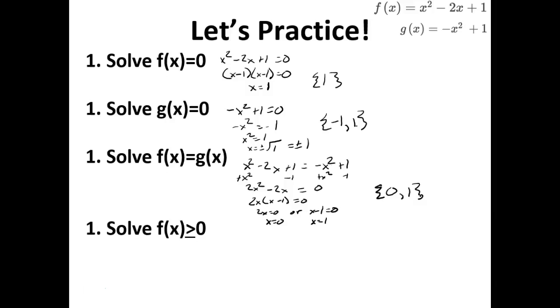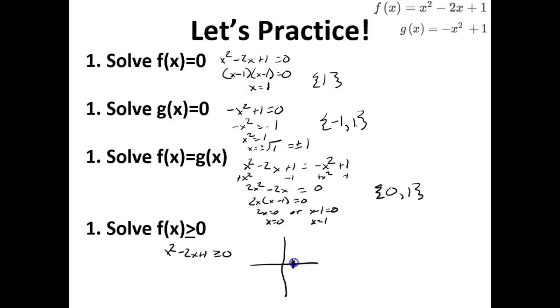Then solve where f of x is greater than or equal to 0. That's where x squared minus 2x plus 1 is greater than or equal to 0. Well, you already found out where it's equal to 0. That's right here. So we know graphically that this equation is equal to 0 when x is 1.